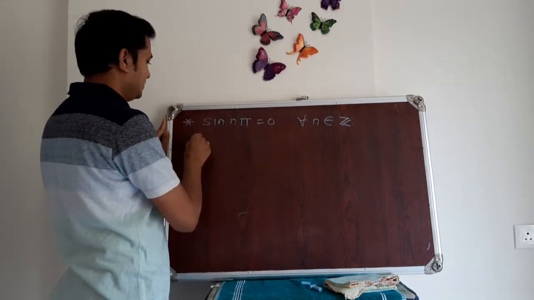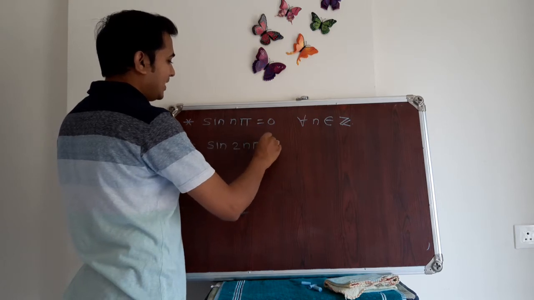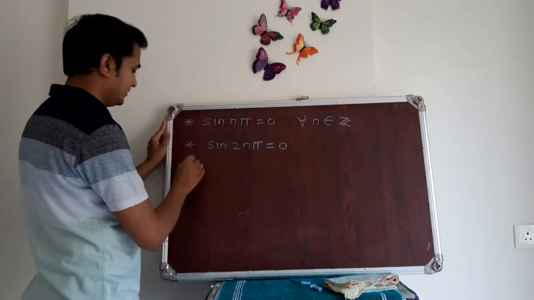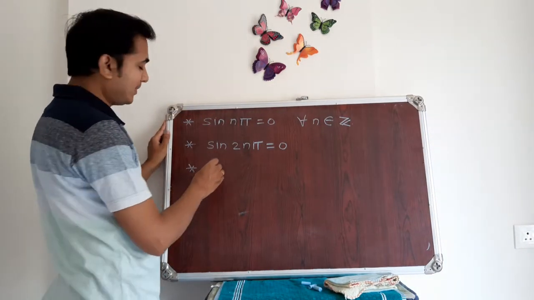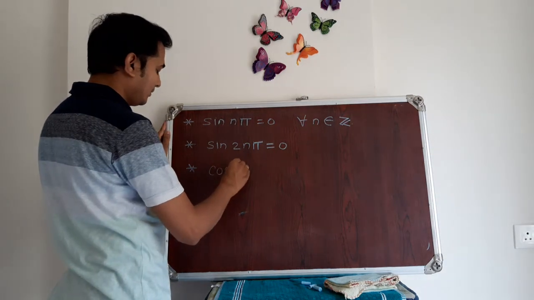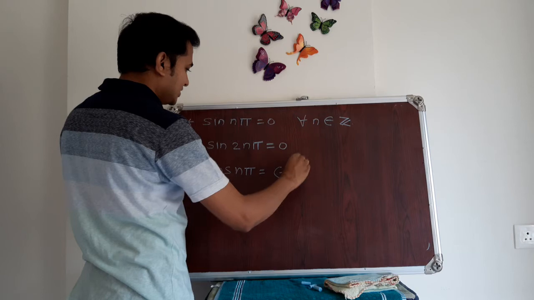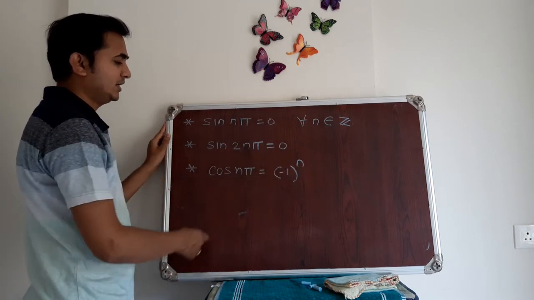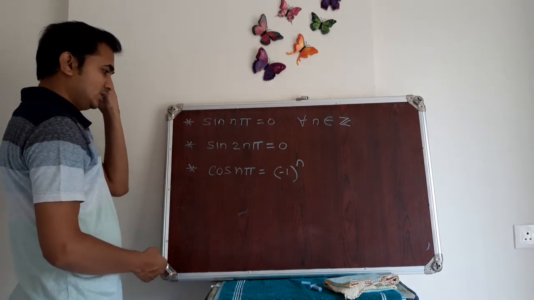Then sin 2n pi is also 0. Third, cos n pi is minus 1 raised to n. And you can verify it by giving some integer values to n.